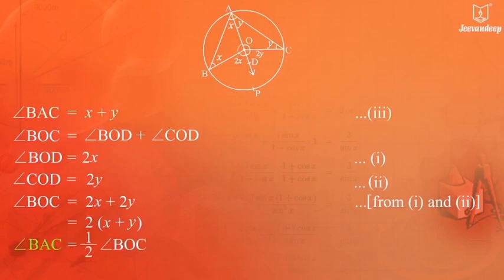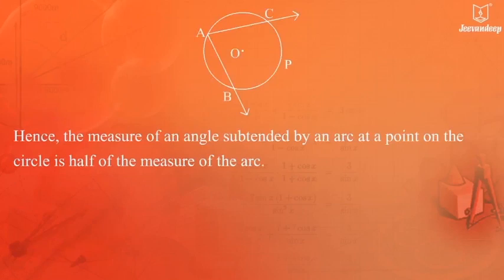Therefore, angle BAC equals half of angle BOC. Hence, the measure of an angle subtended by an arc at a point on the circle is half of the measure of the arc.